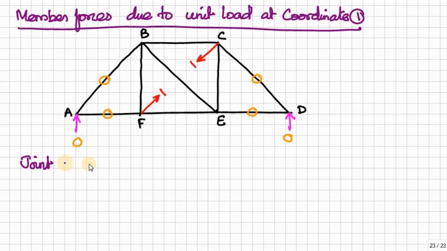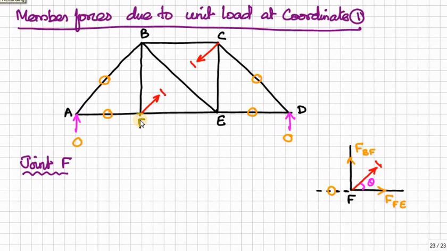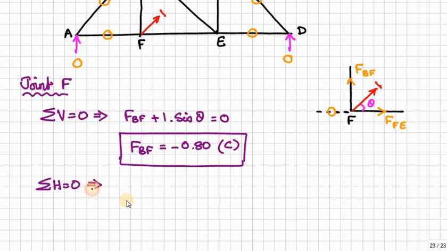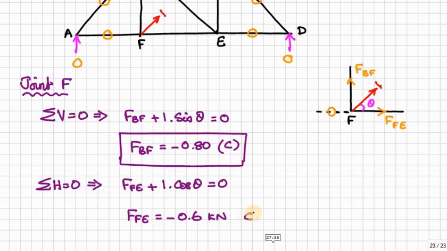Now we take joint F so that we will compute the member forces in F_EF and F_BF. Again, applying sigma V equal to 0 and sigma H equal to 0, we can find out. So F_BF is equal to minus 0.80 compression and F_EF is equal to minus 0.6 kilonewton compression.